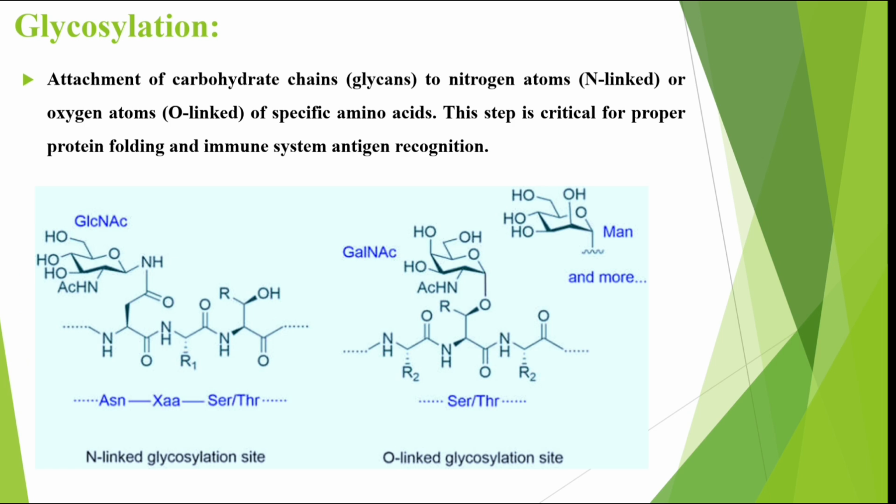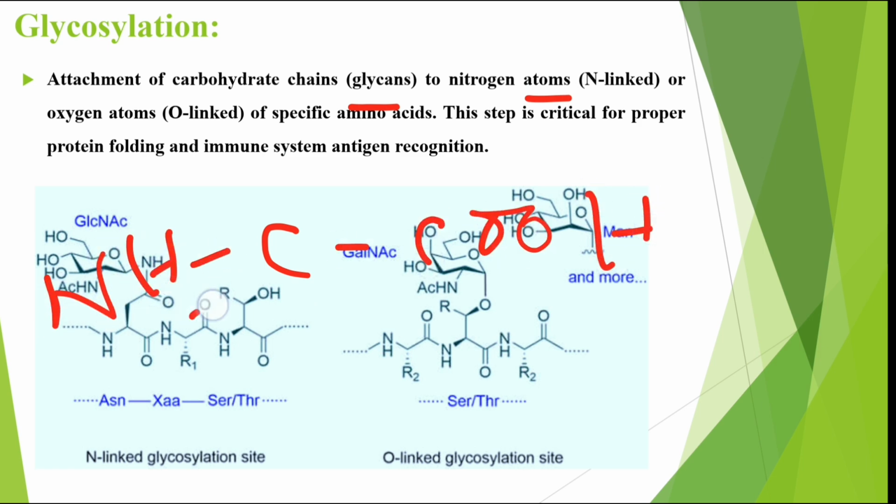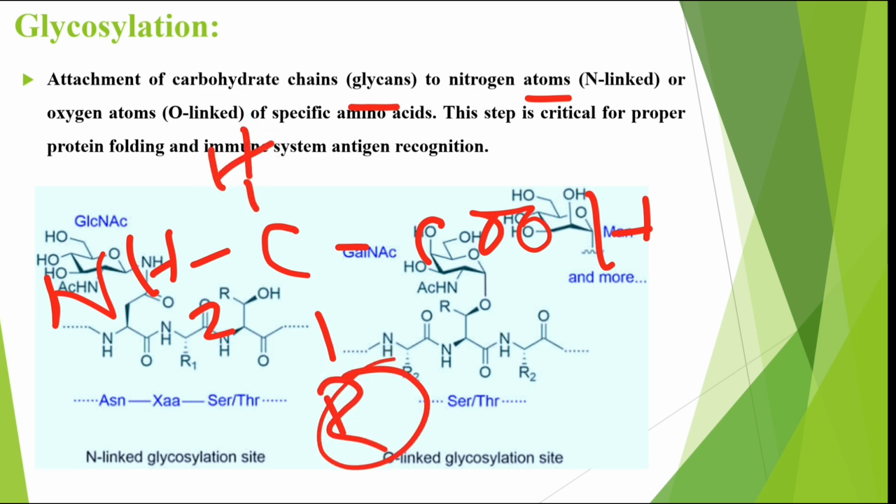Next one is glycosylation, attachment of a carbohydrate group or carbohydrate chain to the nitrogen atom or oxygen atom of a specific amino acid. Do you know the structure of an amino acid? It consists of an alpha carbon with a carboxyl group, amino group, hydrogen and one side chain.